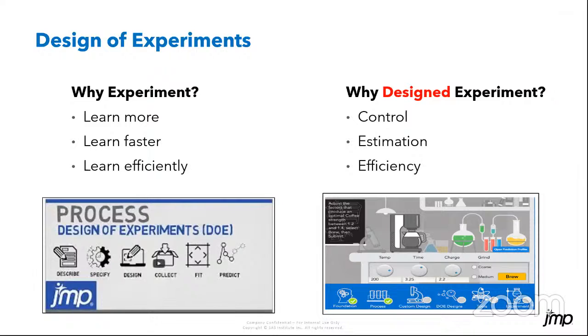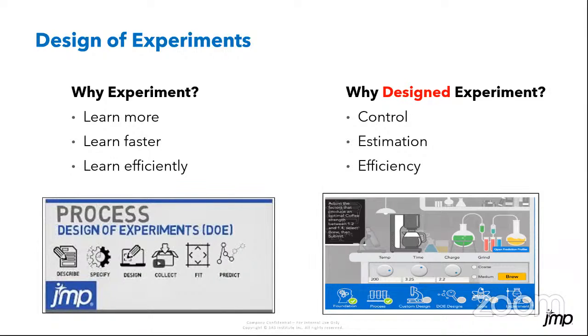Then the question comes, why do you need to design an experiment? There are three important benefits. One is control. Using a designed experiment is the only reliable way to measure a response to changing variables, so you have a lot of control.